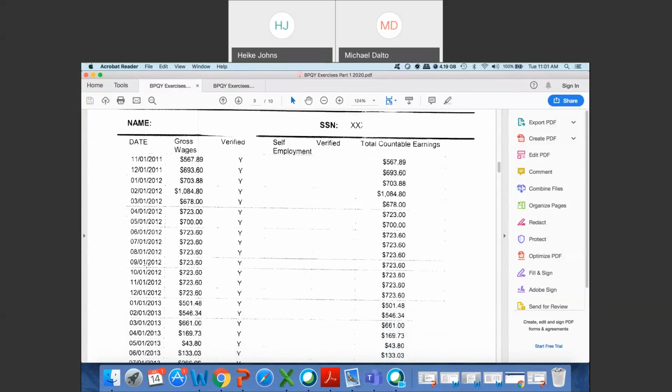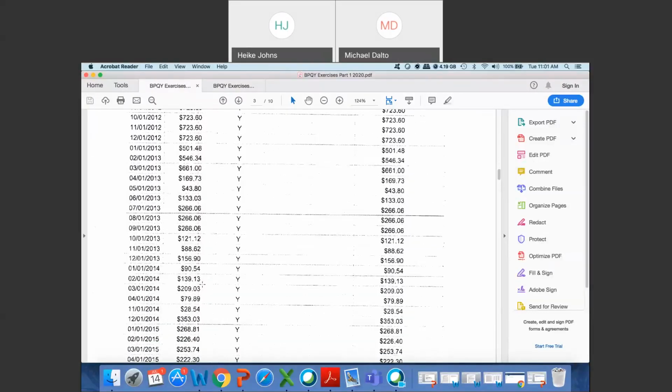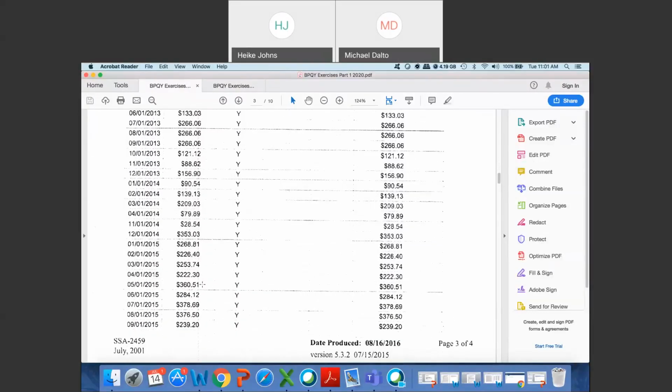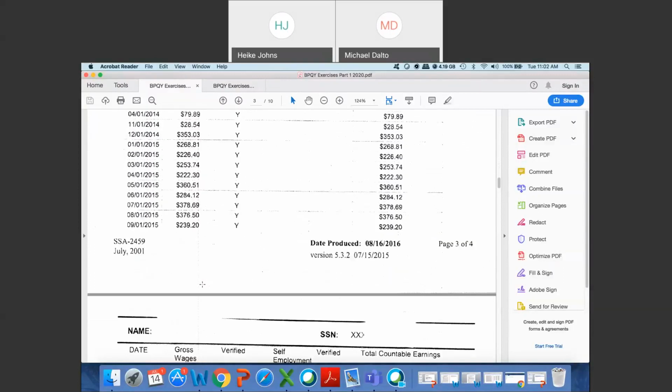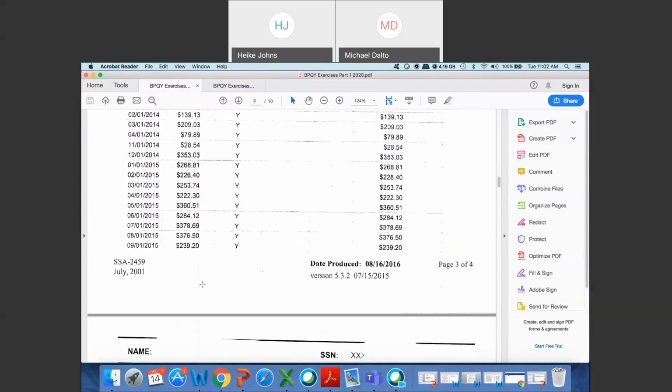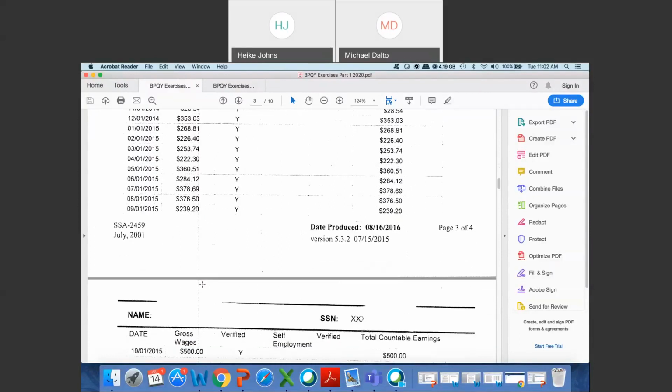So after October 2012, we look at the earnings, we can see they're all pretty low, all well below not only the SGA level, but even the trial work threshold. So this tells us this person did not do SGA after their trial work period ended.